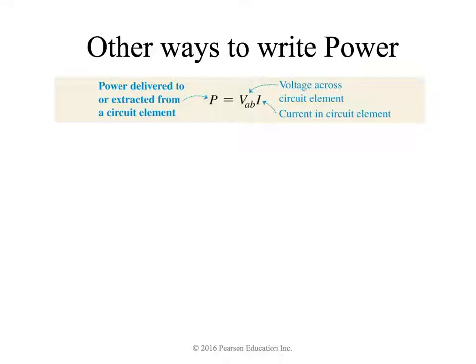Now, this might not be as convenient to express for the resistor, but we do have Ohm's law, which we learned in this chapter. Ohm's law says the potential difference is equal to the current times the resistance. And so what we can do is use this to write the power different ways.